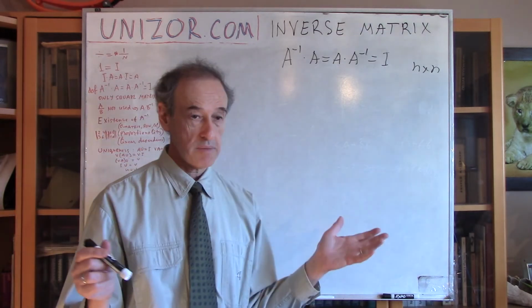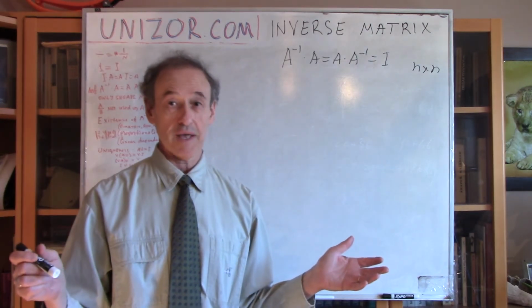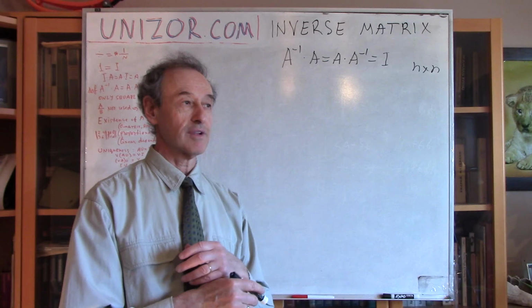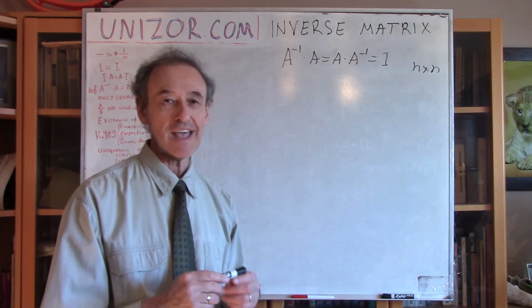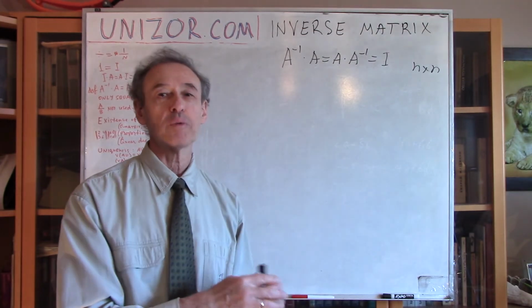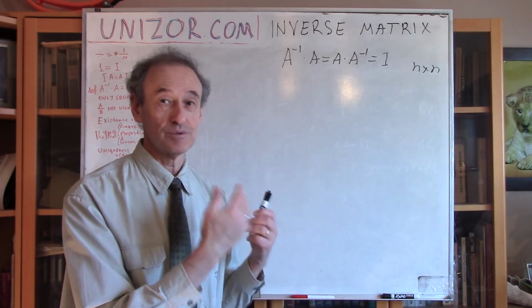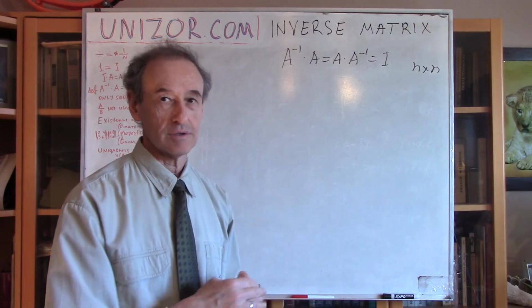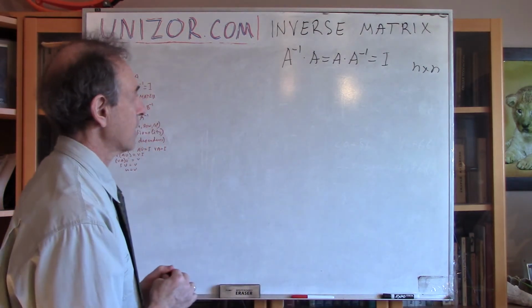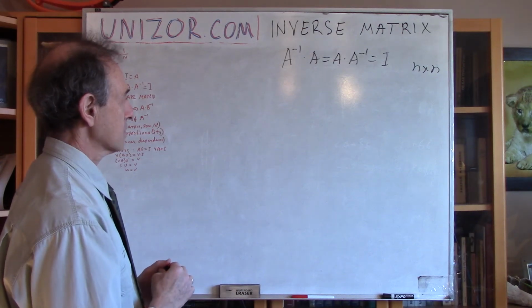Well, maybe there are no inverse matrices at all, maybe there are only matrices which do not have an inverse. Well, that's not the case, and we will have certain problems where I will derive concrete inverse matrices for certain matrices which do have an inverse.